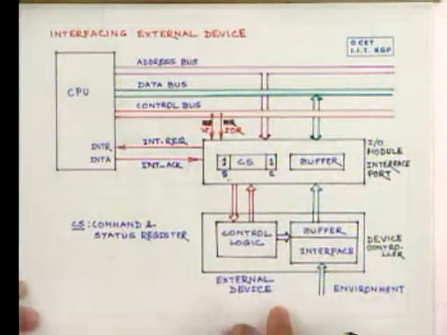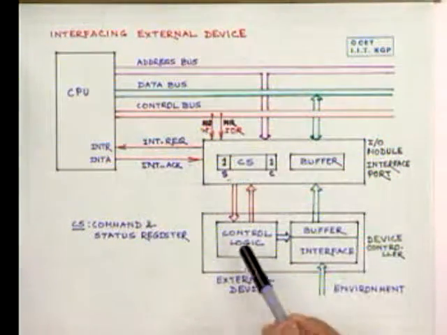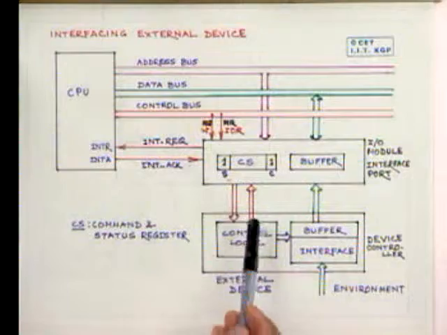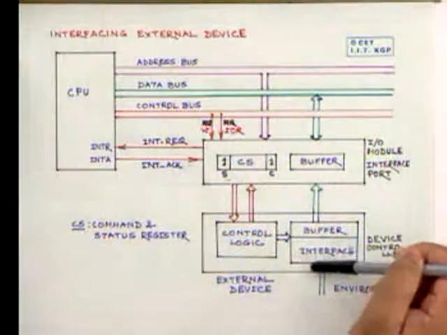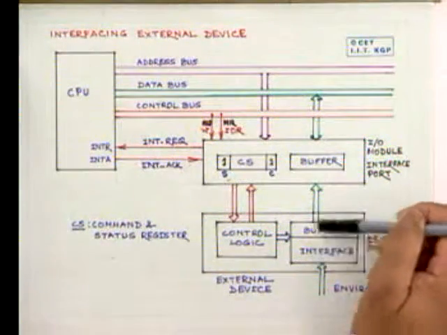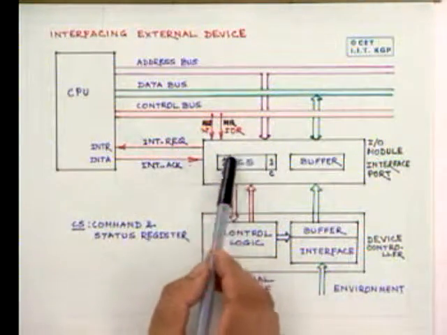Why not, after issuing the command, read some data, or in the case of an output device, tell the device to write the data into the environment, while the CPU goes on doing something else. It just gives a command through the interface to the device to do the job, and then it flies off to some other program and starts executing it, which will be an effective utilization of the CPU time.